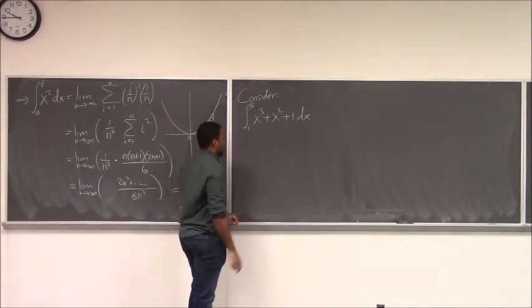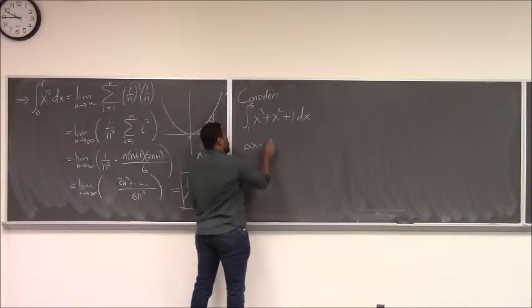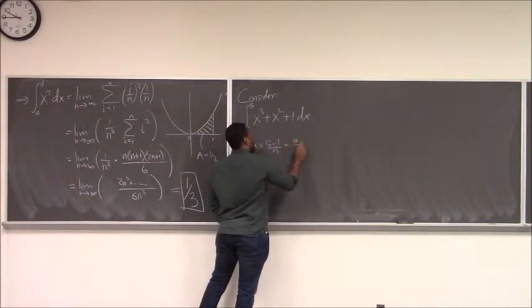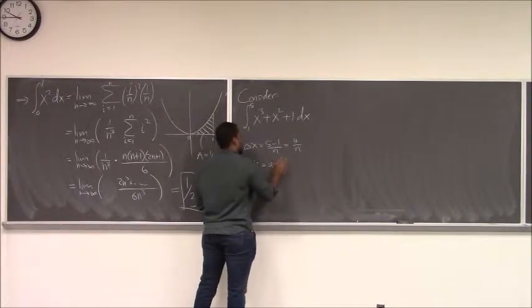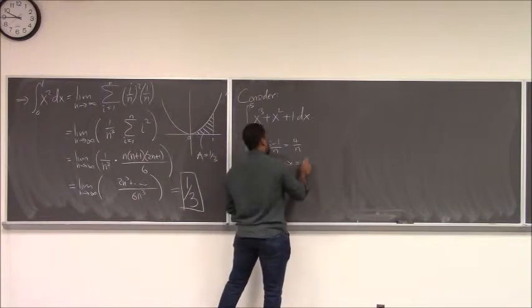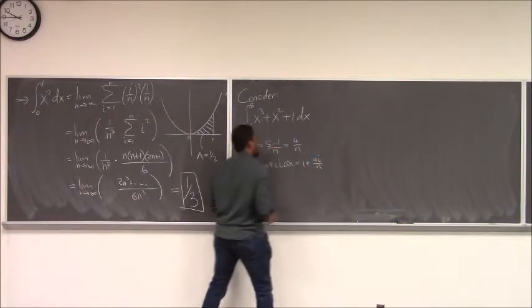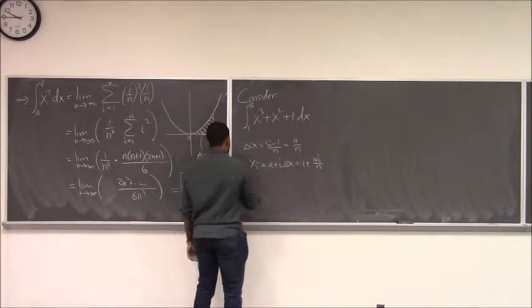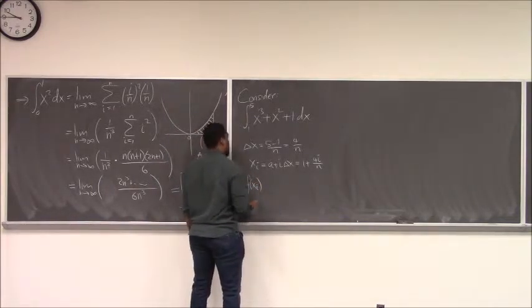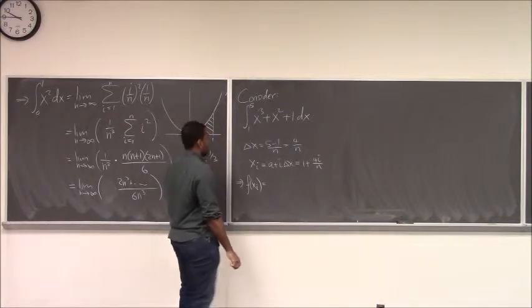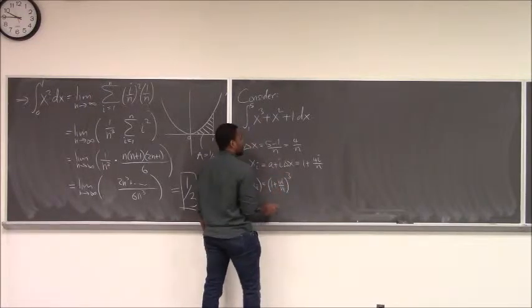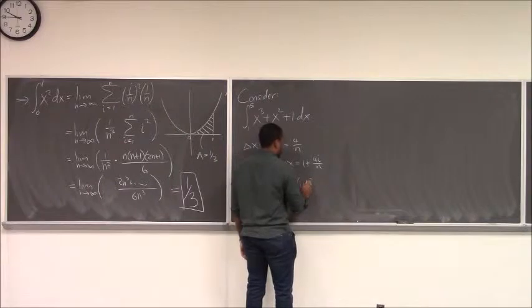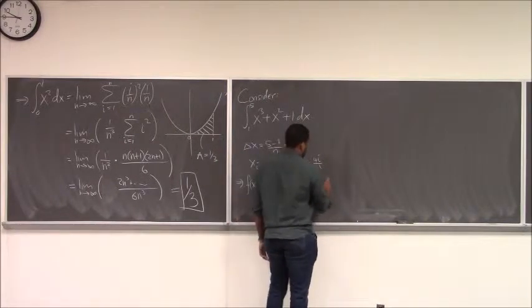Well, we'll first find our delta x, which is (b minus a) over n, so it's 4 over n. We will then find our x_i, which is a plus i times delta x, that is 1 plus 4i over n. Then we find our f of x, which looks like (1 plus 4i over n) cubed plus (1 plus 4i over n) squared plus 1.